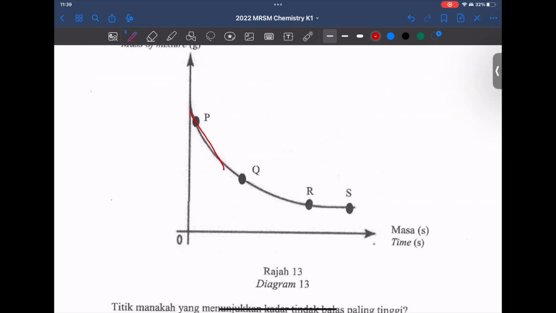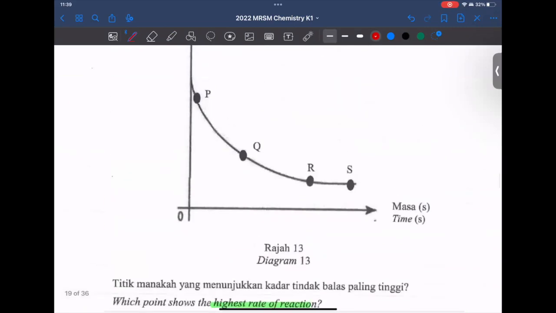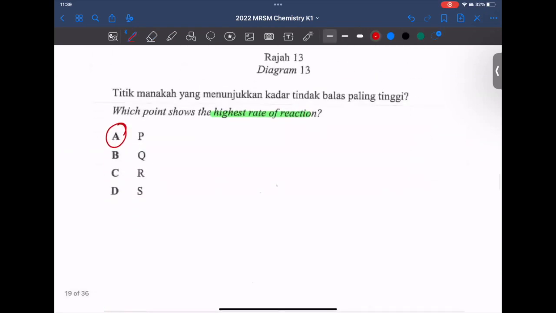So I would say P is the one because it has the most reactants at that time. So definitely P will be the highest rate of reaction. So the answer here will be A. And the lowest rate of reaction will be S because at that time it becomes flat already. So therefore, P has the highest gradient, so P will be the highest rate of reaction.